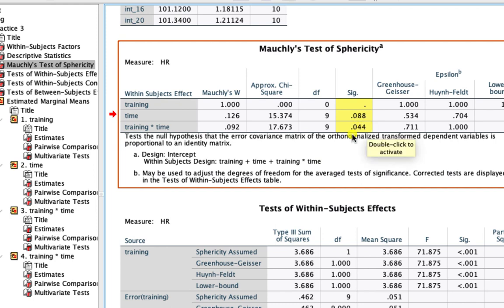When we violate sphericity, we then look at our Greenhouse-Geisser epsilon value. We see here that the epsilon value is 0.711. The criterion to use the Greenhouse-Geisser adjustment is that this value has to be less than or equal to 0.75. We made it, so because this value is less than 0.75, we'll use the Greenhouse-Geisser adjustment in our ANOVA table for the interaction effect.